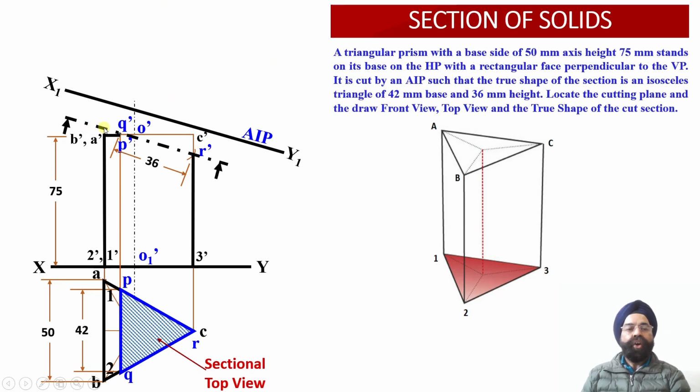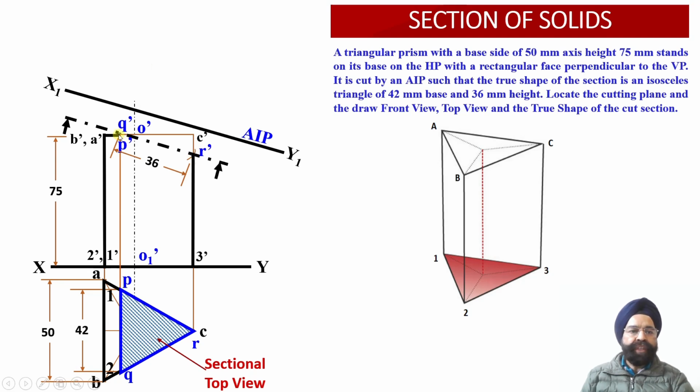Corresponding to this AIP whose orientation has been obtained, we have drawn the auxiliary inclined plane X1, Y1, which is parallel to this AIP or the cutting plane. Now there are 3 points of intersection P dash, Q dash and R dash available with us corresponding to the sectioned surface of the solid.